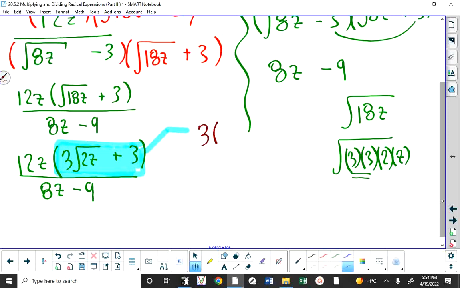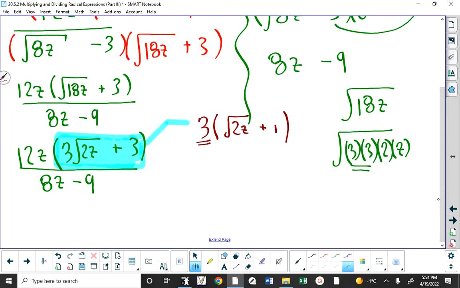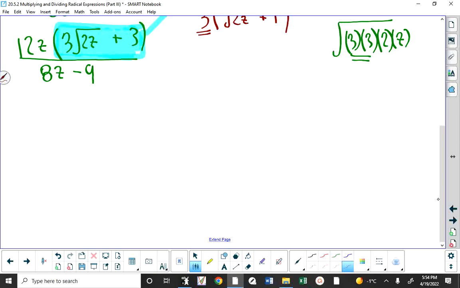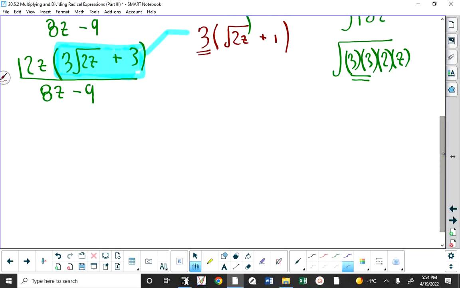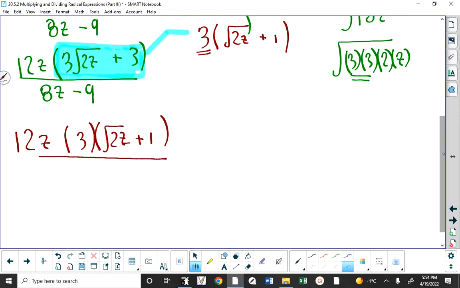That binomial, we can take a 3 out and have root 2z plus 1, and then we can take this 3 and marry it to the 12z out in front. In other words, multiply it together. So to show that to you, we have 12z times 3, which we factored out of that binomial, times root 2z plus 1, and it's over 8z minus 9.